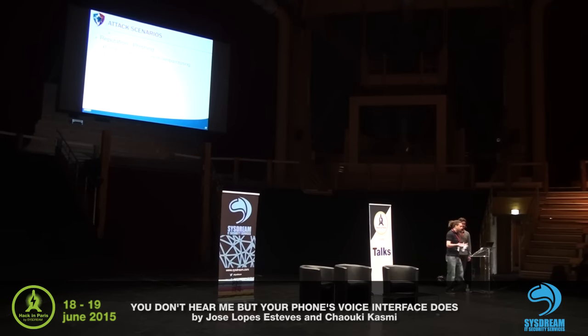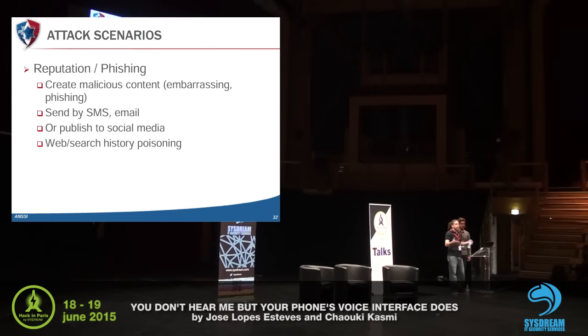One can imagine also some reputation or phishing attacks by abusing the contacts of the target phone. So you can imagine sending embarrassing content or publishing to social media embarrassing content, or even web search history poisoning.